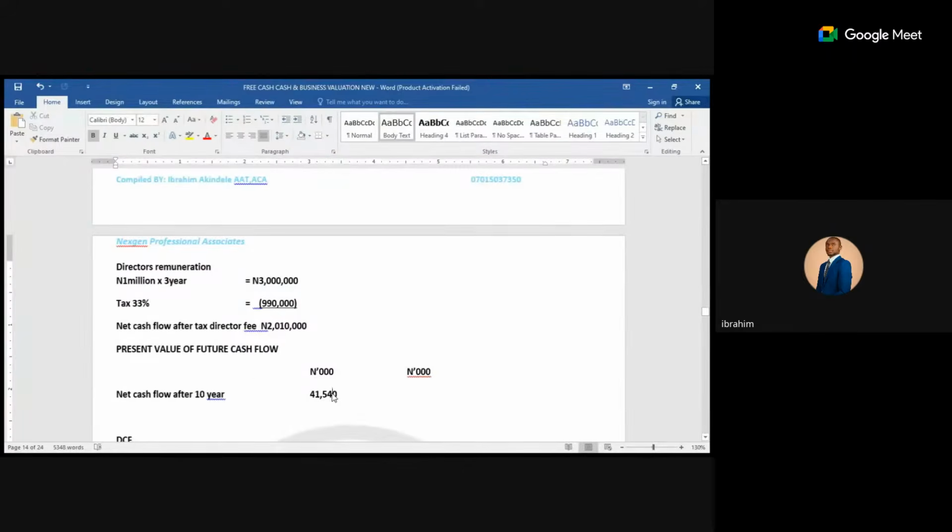We should not forget that this cash flow here is in real term, and this one that we have here is in money term, class.